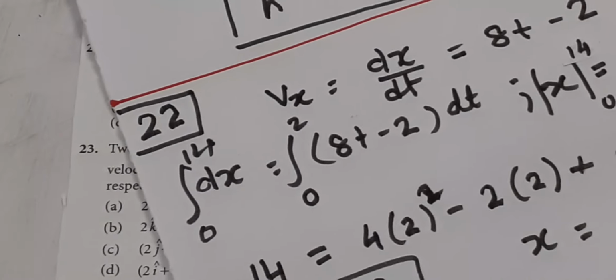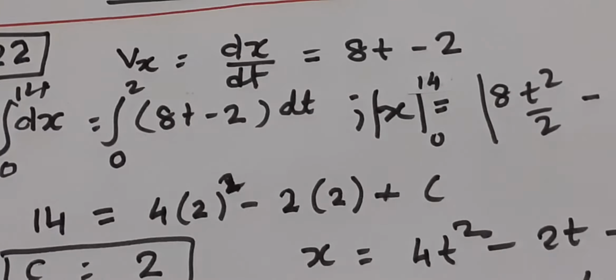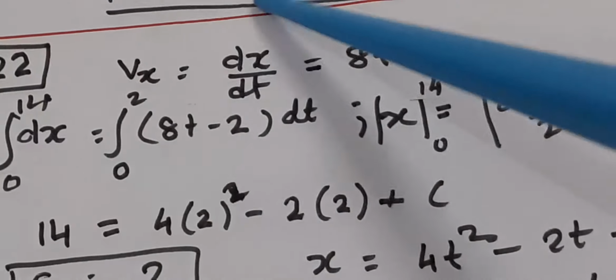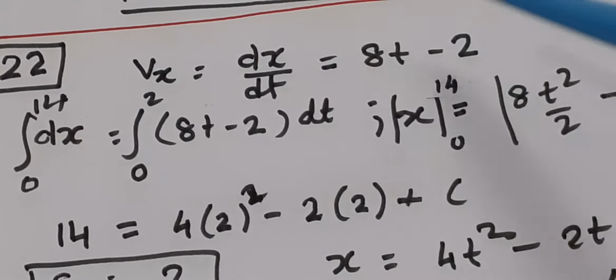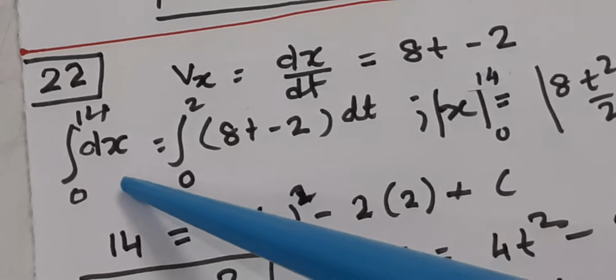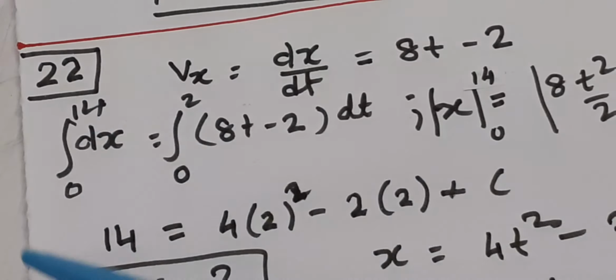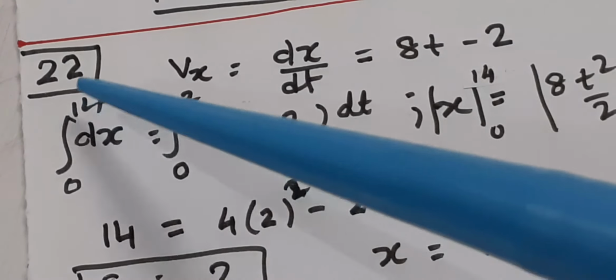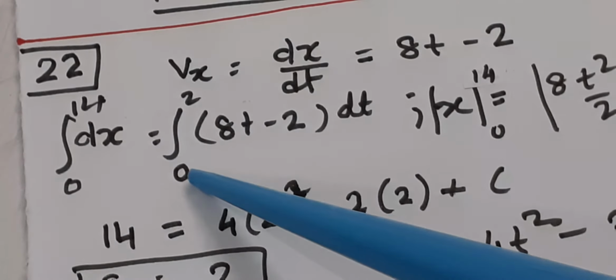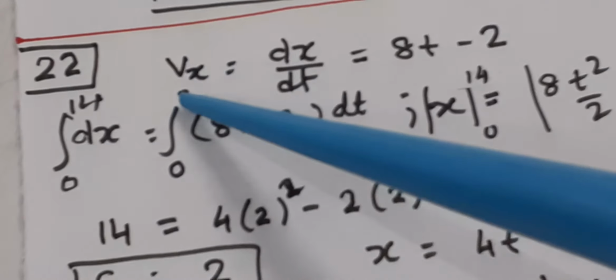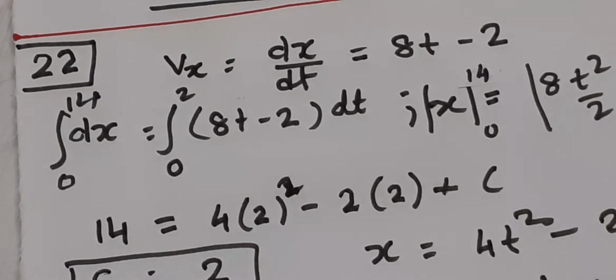Now dx by dt is given here, that is 8t minus 2. Now v means dx by dt, that is given. Just arrange for integration. 0 to 14 will be the limit, since it passes through 14, and at time 2 seconds, that means 0 to 2 will be the limit.